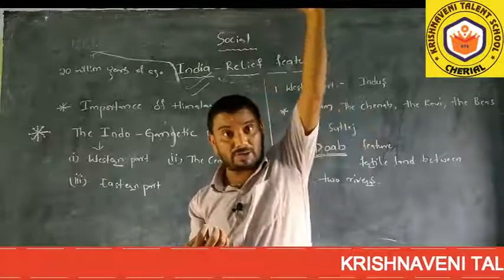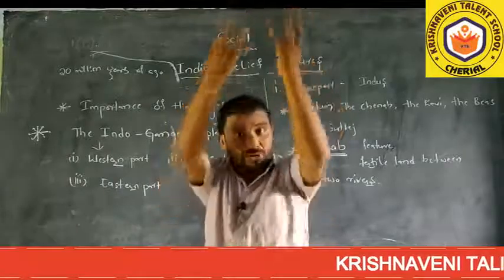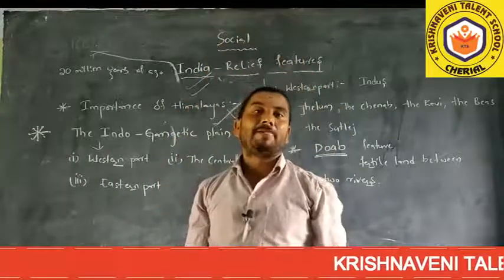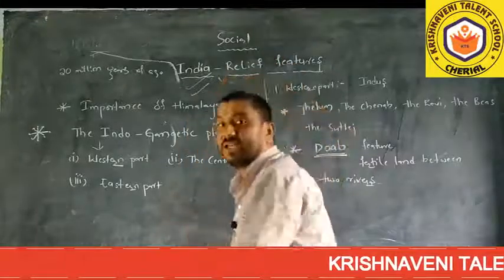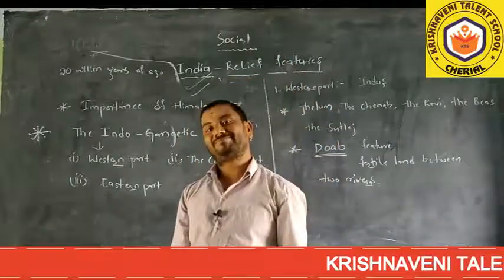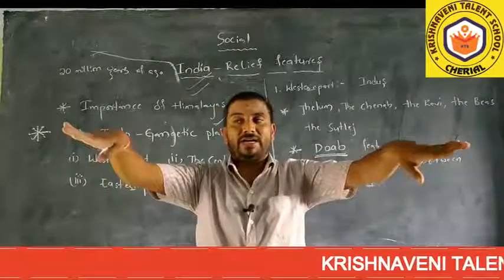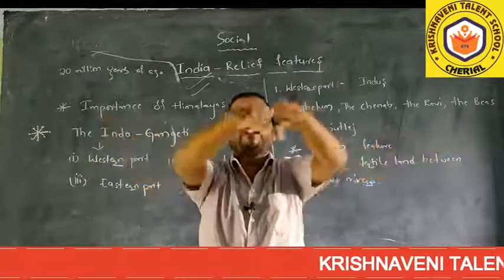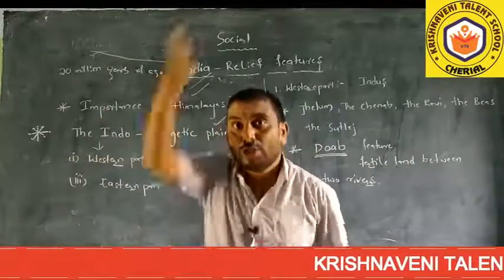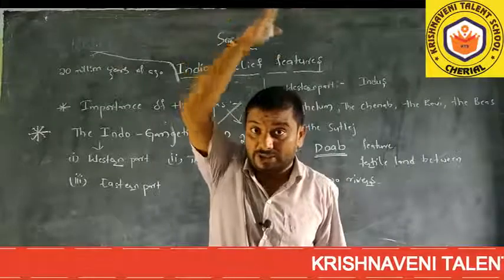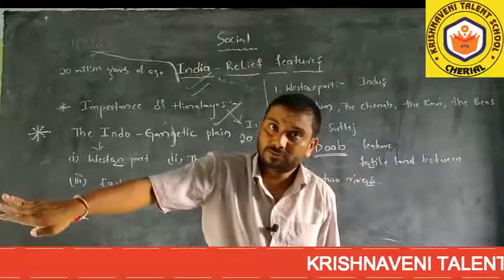When the rivers come, they bring the alluvium soil and deposit it in the lowland area. When it was filled, it became very flat. How did it become flat? 20 million years ago, this was completely the foot of the Himalayan mountains, shallow land.